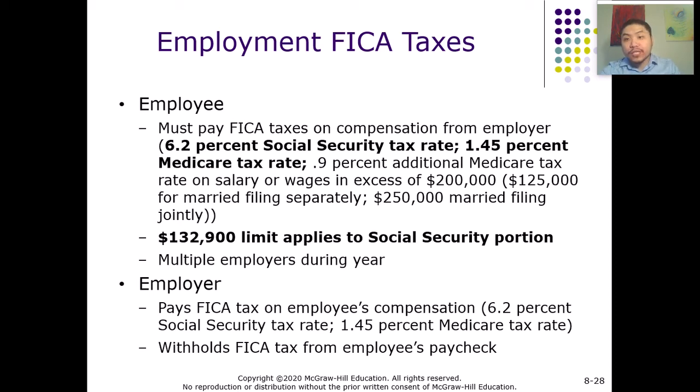For Social Security, there's a limit on the base income used to calculate the tax, and the base is $132,900. For Medicare tax, there's no limit, so you use the taxable income to calculate the tax.